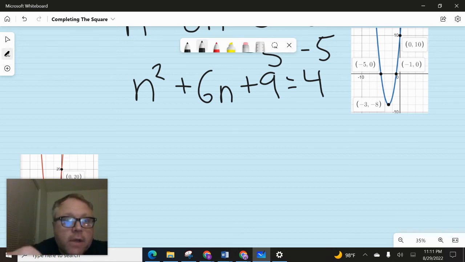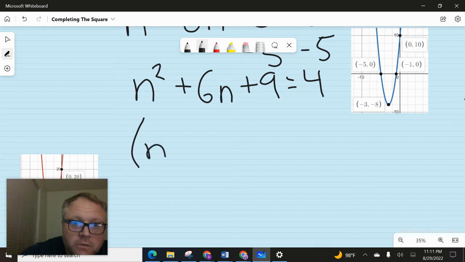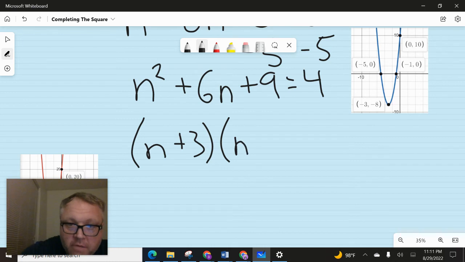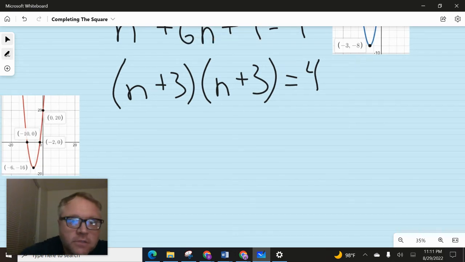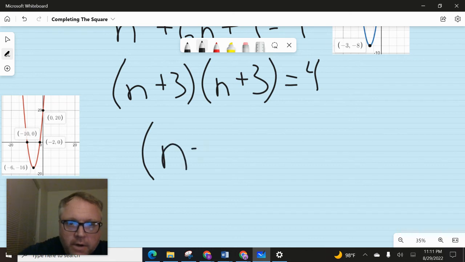Whenever we cut the middle term in half before squaring it, that's what this factors to every time. So n plus 3 times the quantity n plus 3 equals 4. Two identical binomials, something times itself, is just that something squared. So the quantity n plus 3 squared.